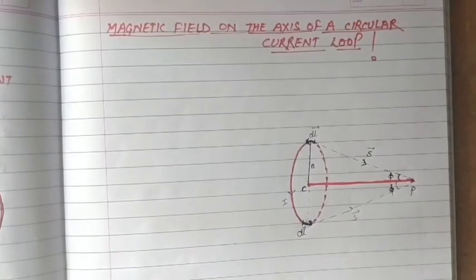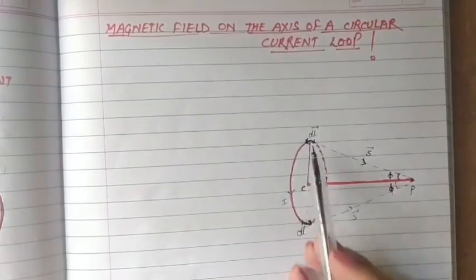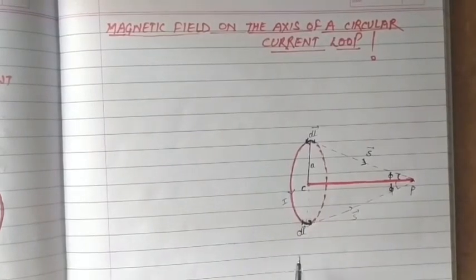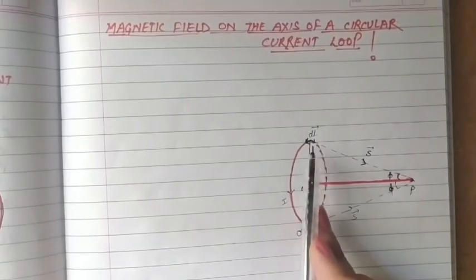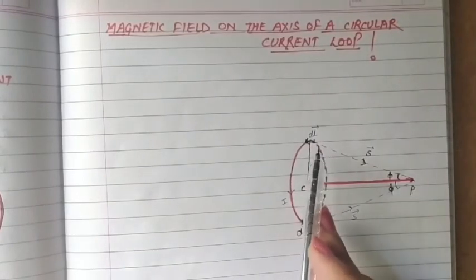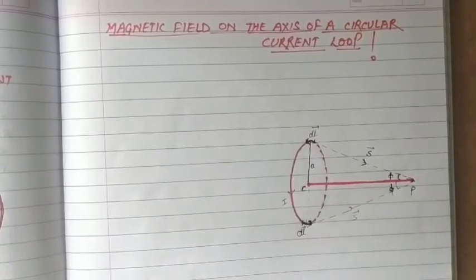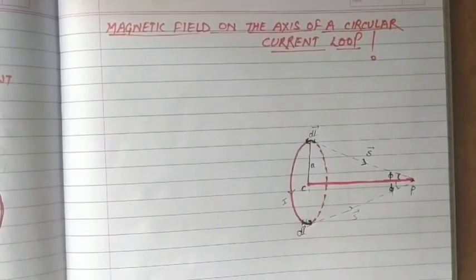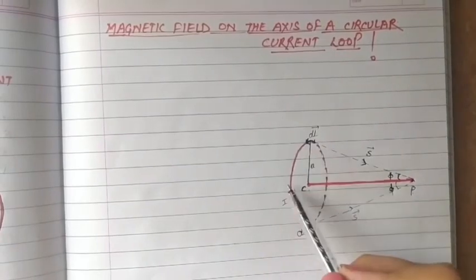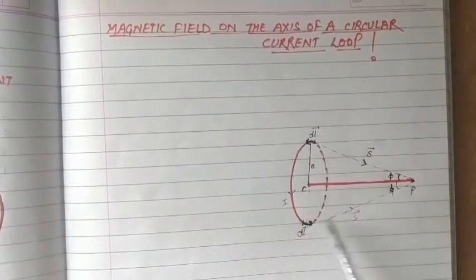So we have considered a current element at the top and the other one at the bottom. First we are talking about the current element at the top of the loop, which has an outward coming current, as the loop is outward from the paper, and the current is coming outwards along the loop.